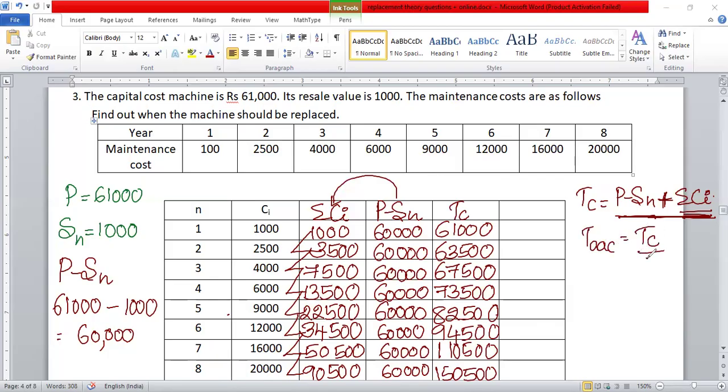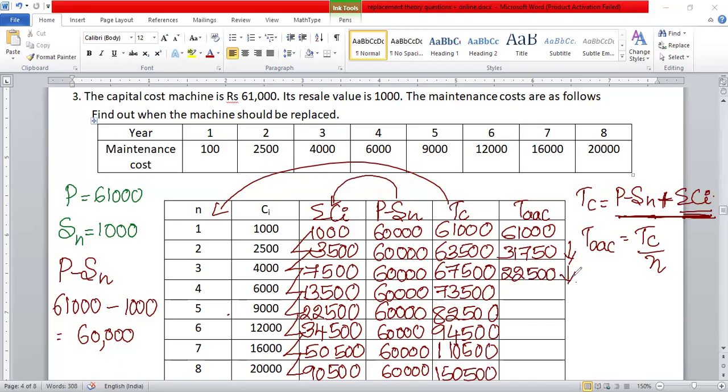That is TC divided by N. So TAAC. 61,000 divided by 1, same thing, 61,000. 63,500 divided by 2, so 31,750. So decreases. 67,500 divided by 3, so 22,500.